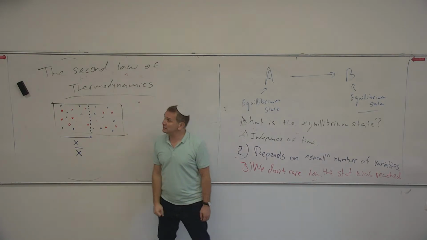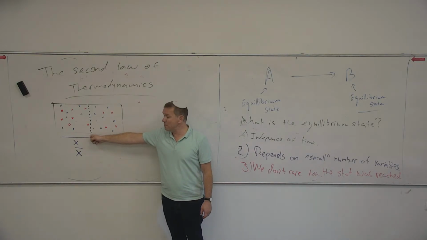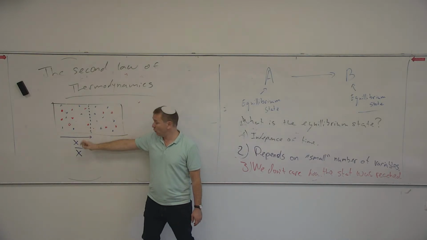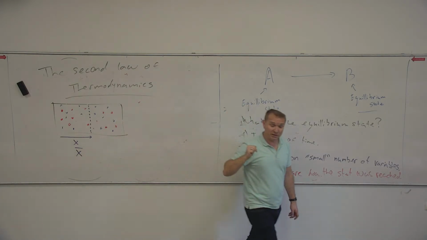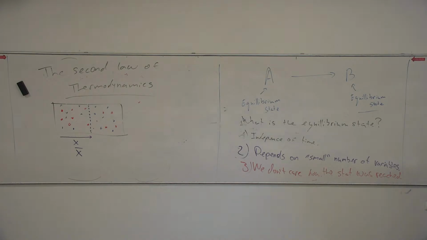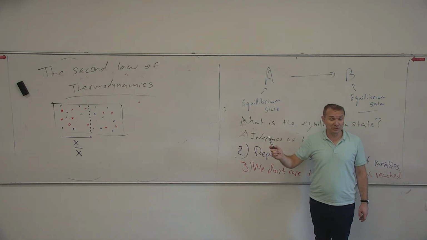So the question is, how do I know where this membrane is going to settle? What is x hat? What is the principle that allows me to calculate where and how equilibrium will occur?